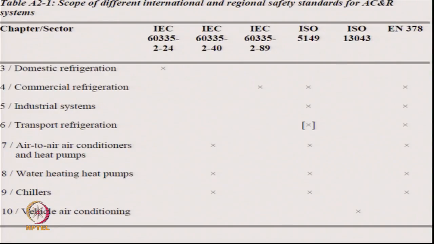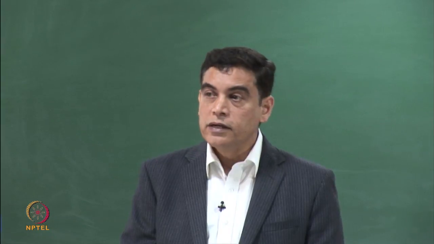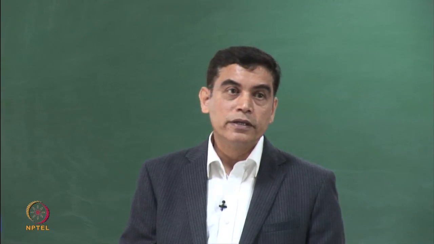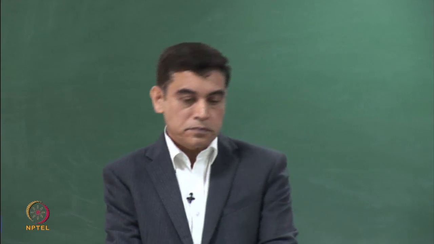Commercial refrigeration, there are 3 standards in fact, and you have 2 standards for industrial and transport refrigeration. There is something under development, and particularly in India, if you had a choice between different standards, you would refer to the ISO. And normally reading the standard will also give you insight at the design stage itself when you're conceiving the product as to what are the things to be taken care of so that you don't run into compliance issues when the product is ready for launch.